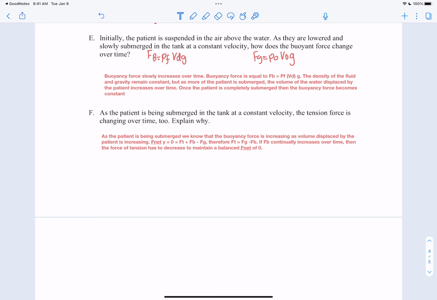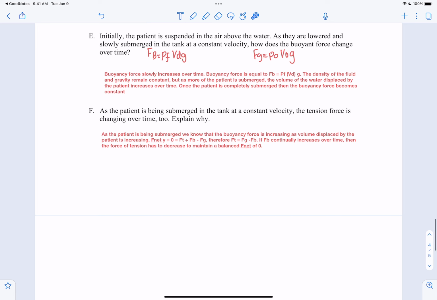Because we can see here, for example, if we were to look at the F net Y equation, Ft plus Fb minus Fg is equal to 0, right? Let's say that Fg is 600, or, let's say, 500.